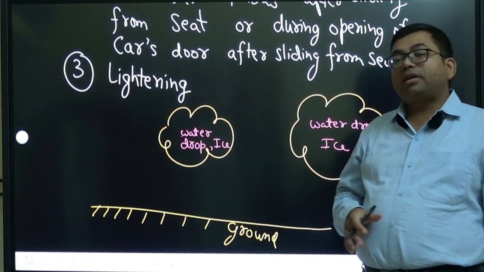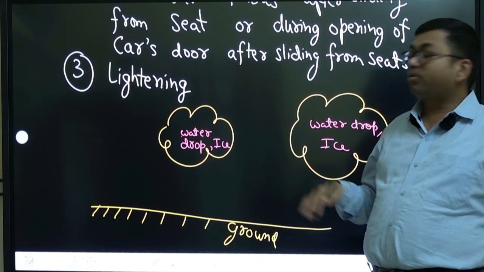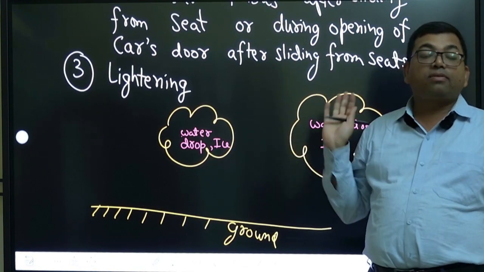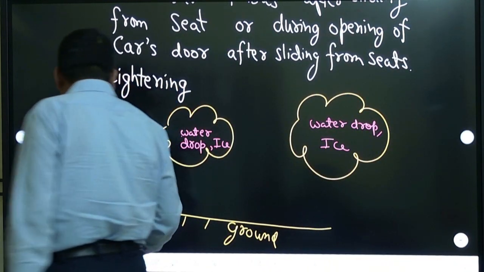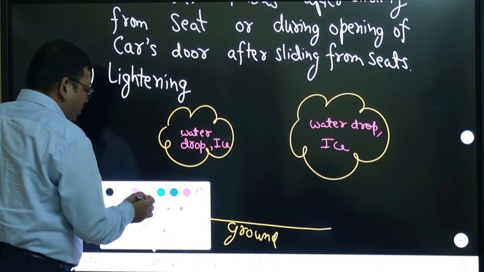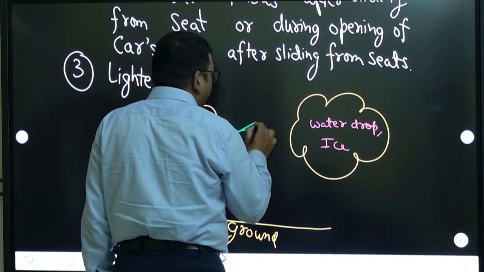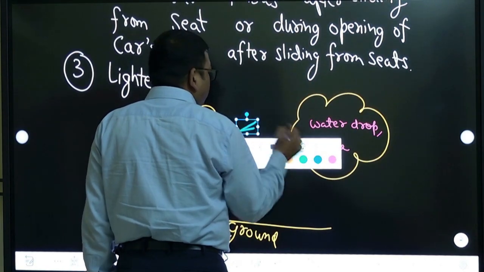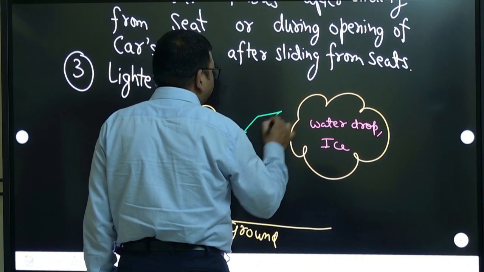They are developing charges, and not only small charge, very large amount of charges or very large amount of potential difference can be developed, and ground or earth is also having some potential. Okay, so what happens is that potential difference is established between these two clouds.